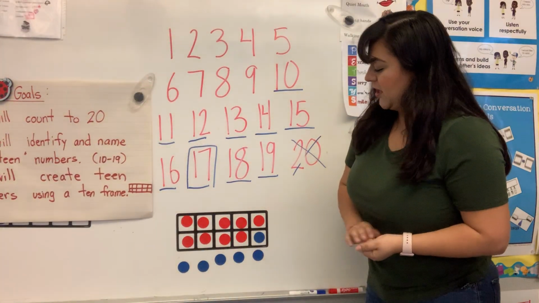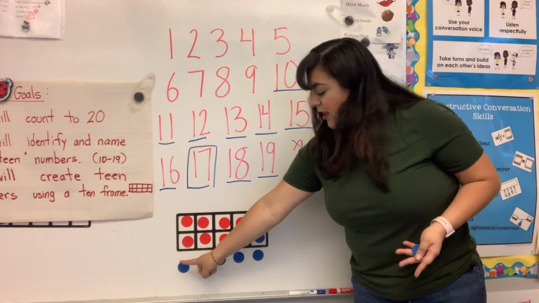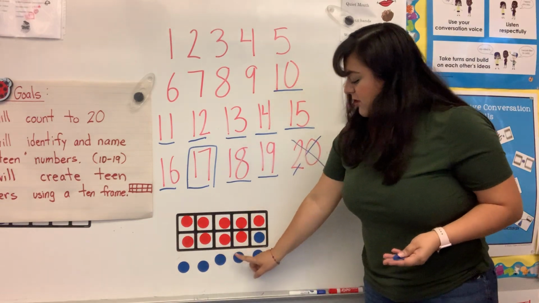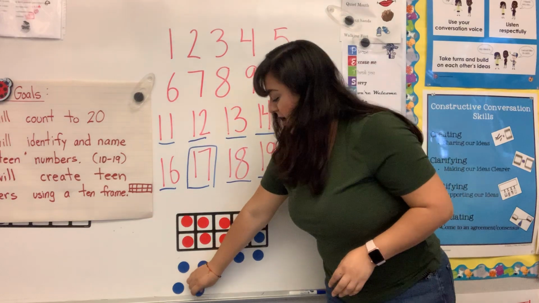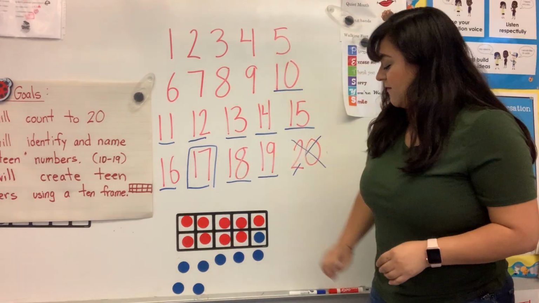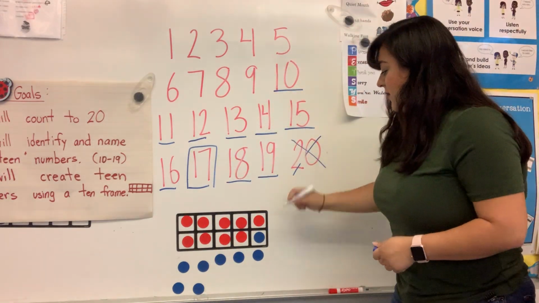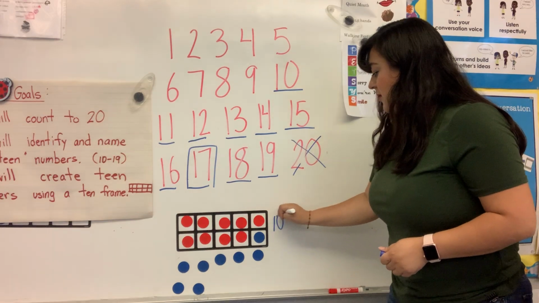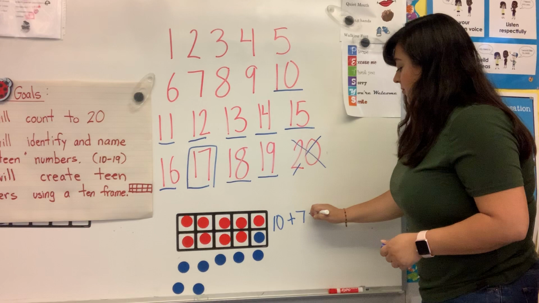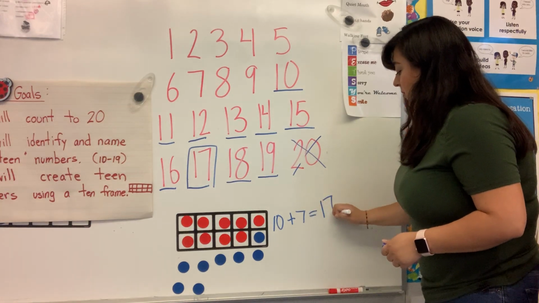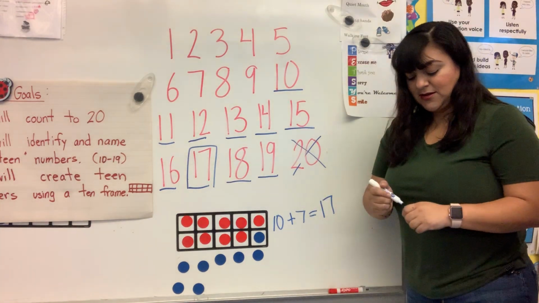Oh, let's count again. 10, 11, 12, 13, 14, 15, 16, 17. So 17 is made of 10 plus 7 more. Together makes the number 17.